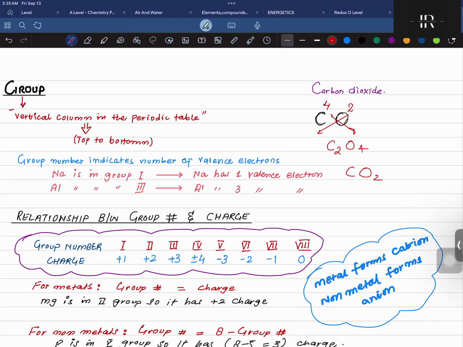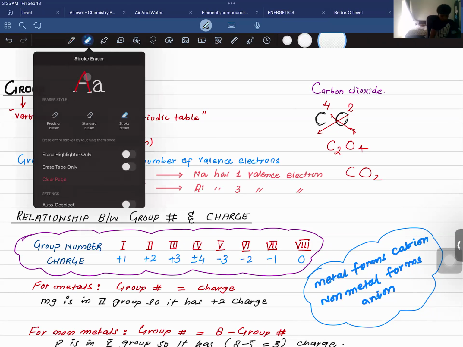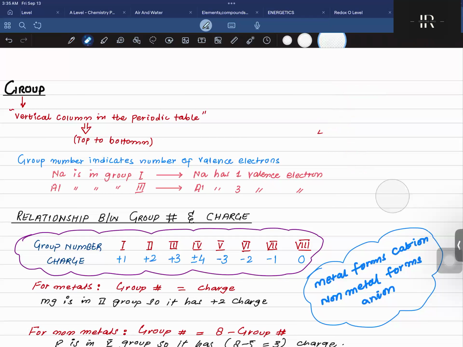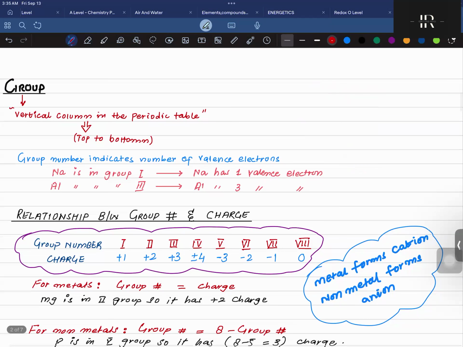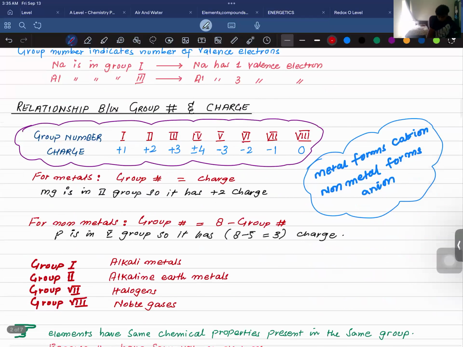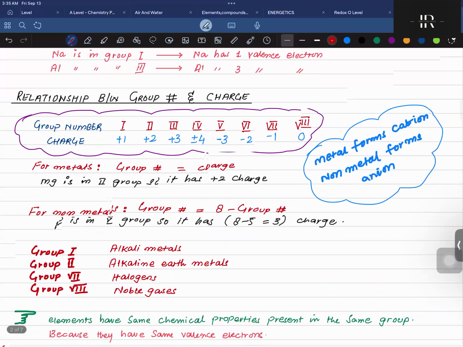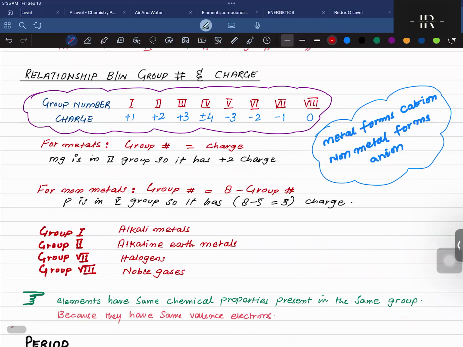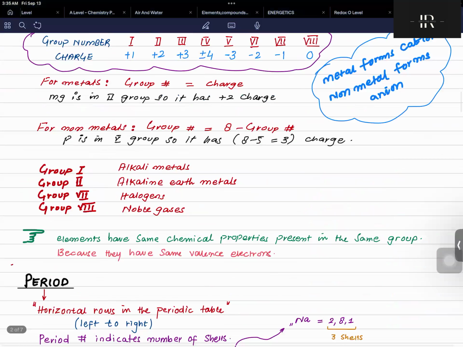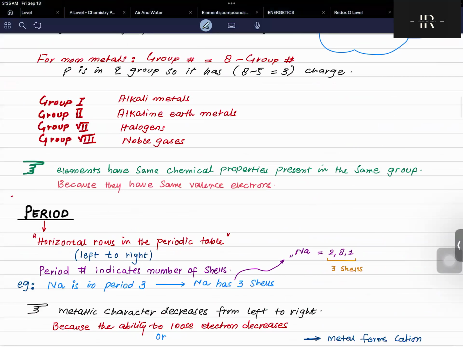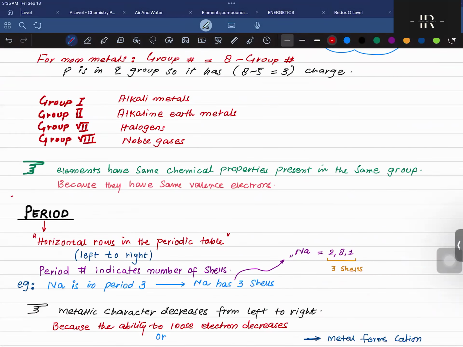So this is the charge, and we can tell the formula of any compound by looking at the group number. Remember, there are some exclusively different groups which are special.